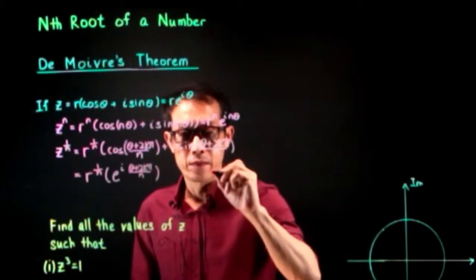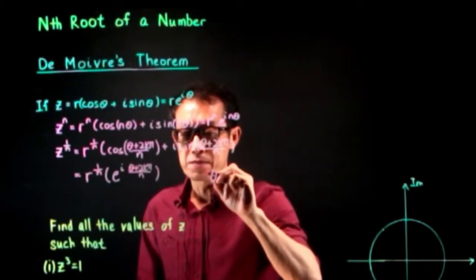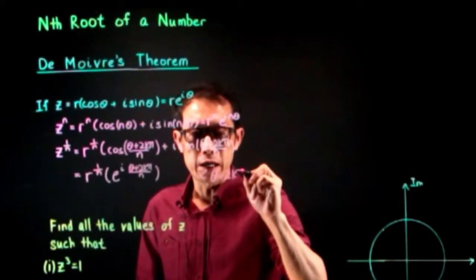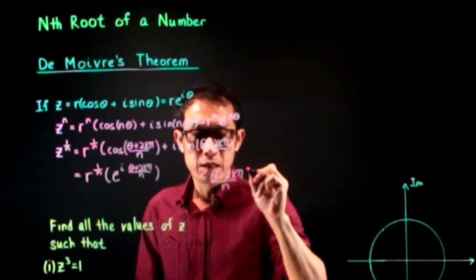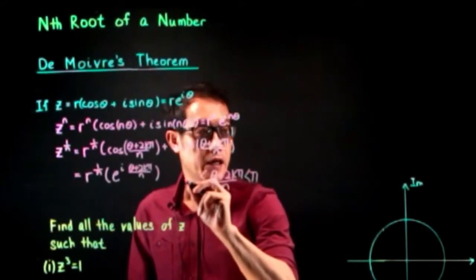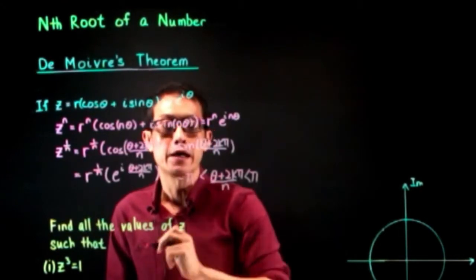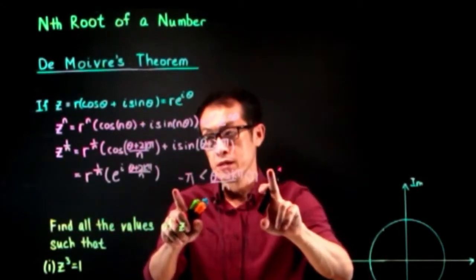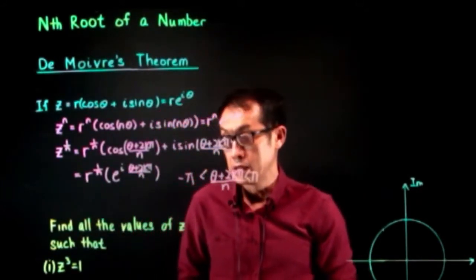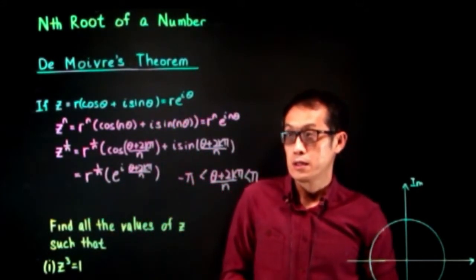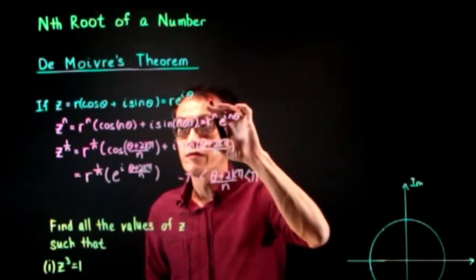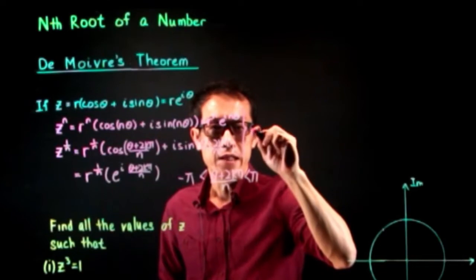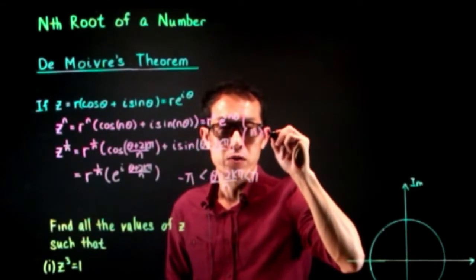Now, theta, or theta plus 2k pi over n, must be between pi and minus pi. This is the definition of the argument for the complex number. Now, there's a criterion for these two conditions. n has to be greater than or equal to 1.